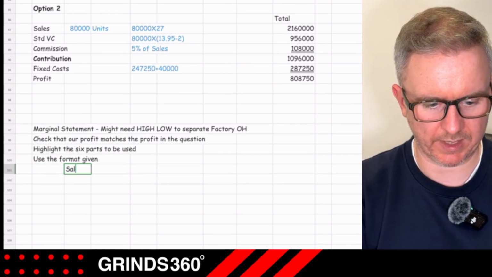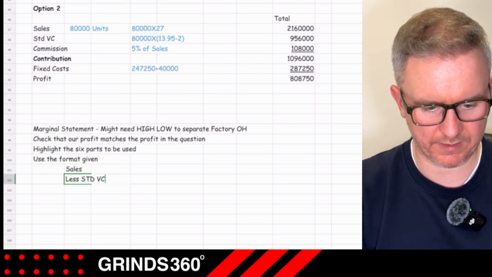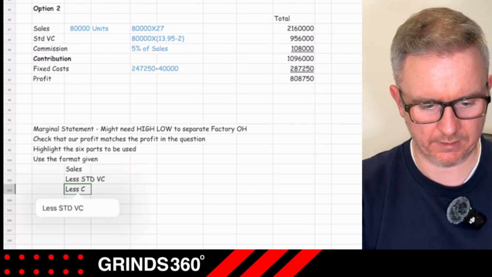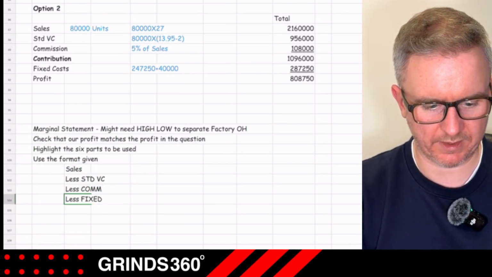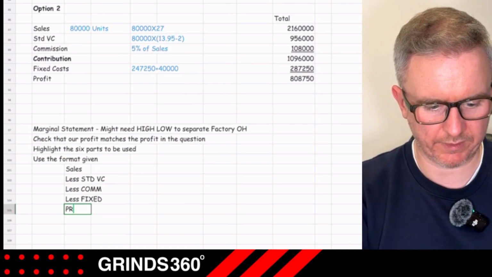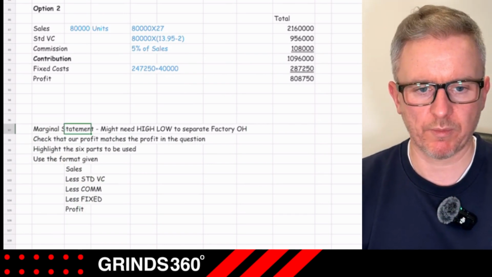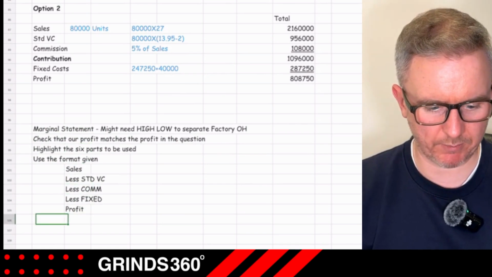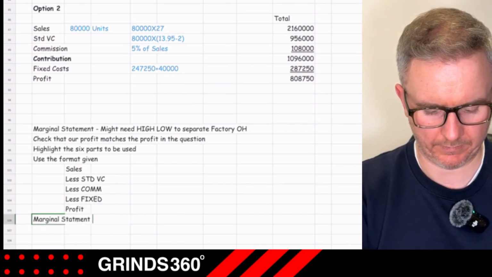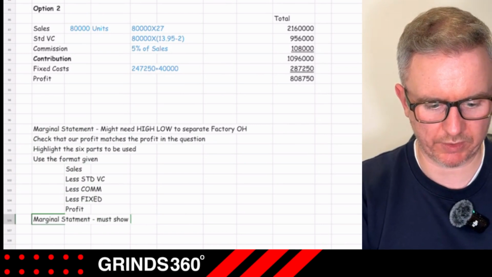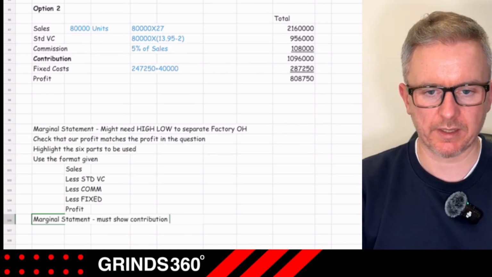So that format again: sales less standard variable cost less commission less the fixed gives you the profit. Now that will work for all of those workings. Remember, when it says a marginal statement though, you must show the contribution. Okay, so they're the key things there.